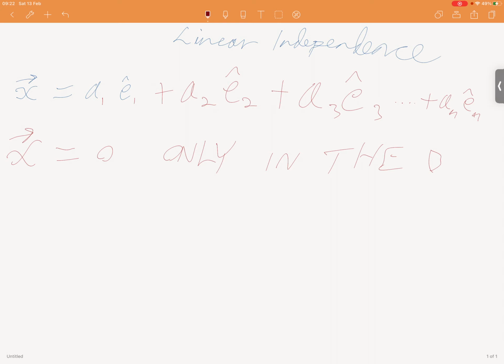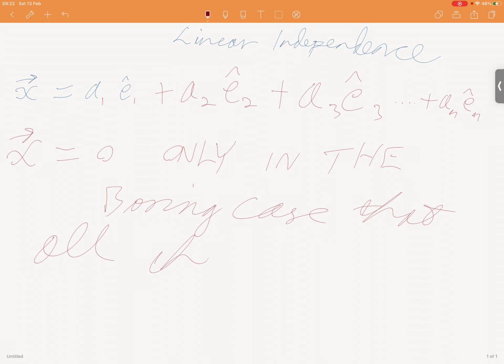The boring case that all the an equals 0. That means a1 equals 0, a2 equals 0, and a3 equals 0.